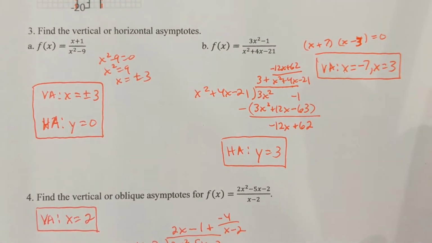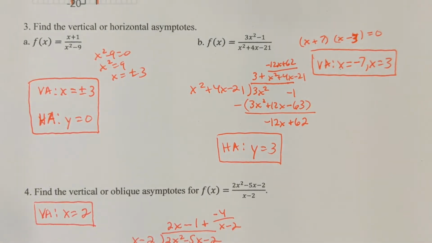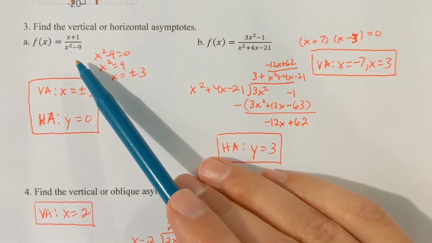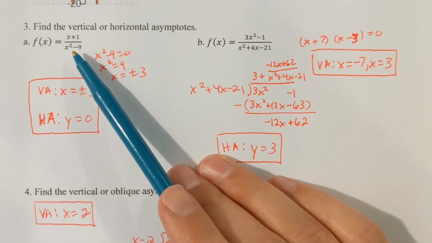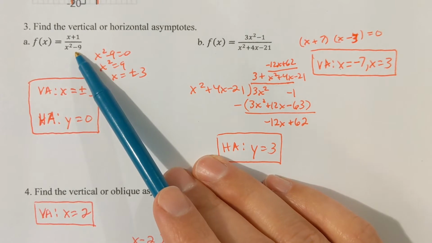Okay, problem 3, we want to find the vertical or horizontal asymptotes. In part A, we have the function f of x. Now, I'd want to know the domain of this function. Of course, I don't want to divide by 0.